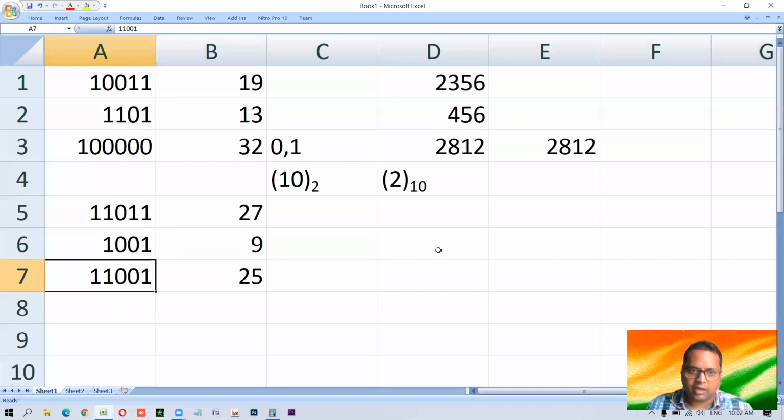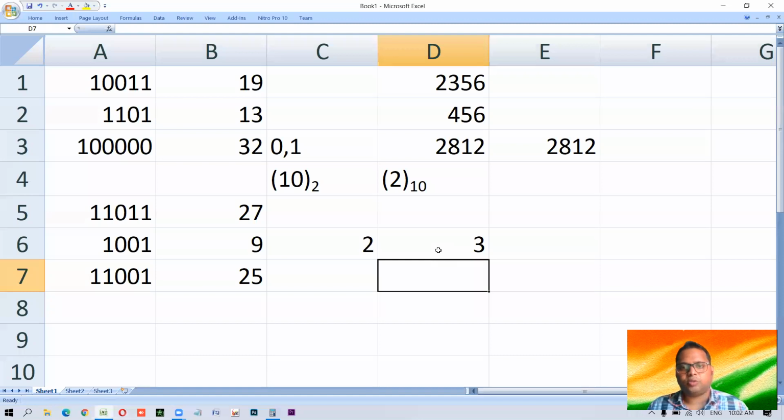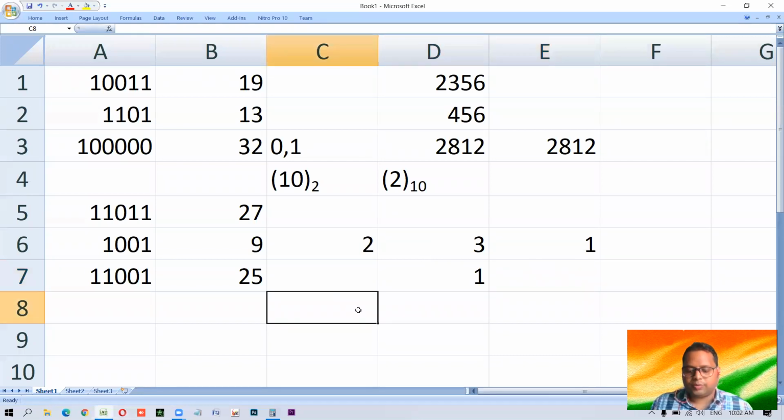We will divide 3 by 2. 2 once is 2, how much is left? 1. Okay, so from bottom to top, that we have already learned how to convert it. So 1 1. So 3 in decimal is equal to 1 1 in binary.